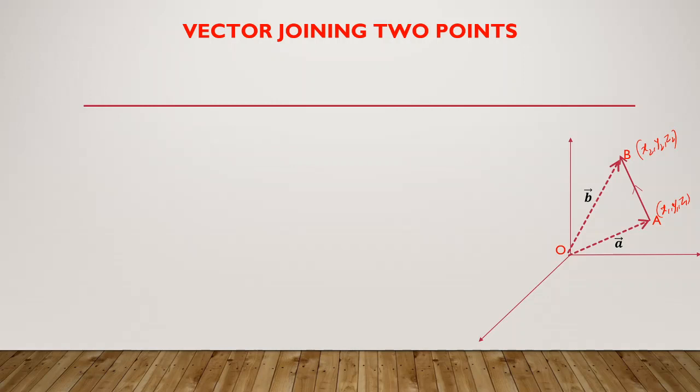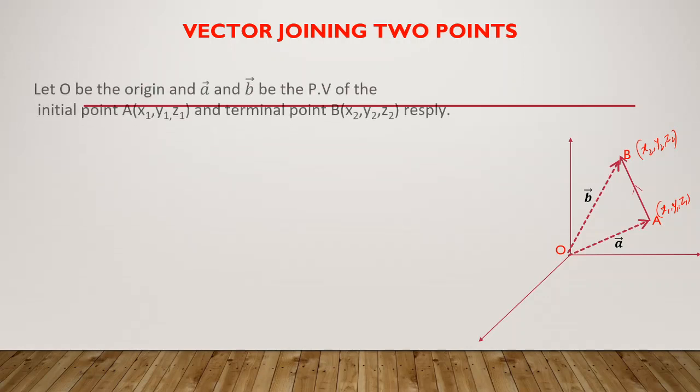So please listen carefully. I have taken the initial point as vector A with coordinates x1, y1, z1 and the terminal point as vector B with x2, y2, z2. Now I need to find the vector AB.